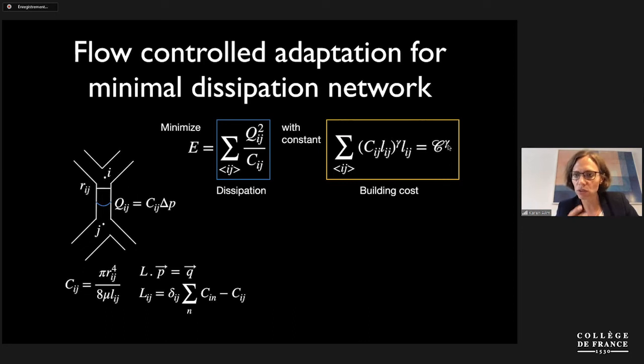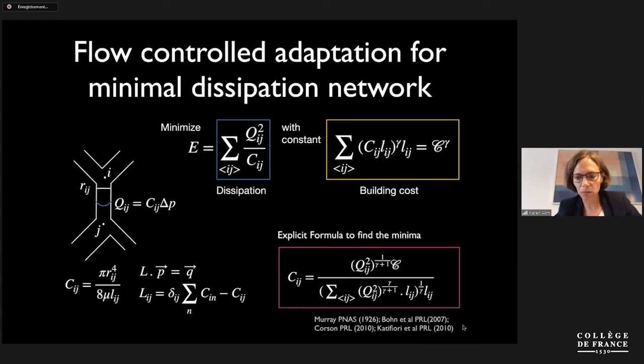So you have a certain amount of volume available, that's your building cost, and you want to distribute it such that you minimize dissipation. This is a well-versed model that's been used repeatedly, particularly over the last 20 years. What is mathematically very beautiful is that, given an initial network geometry, you can solve this equation with a Lagrange multiplier.